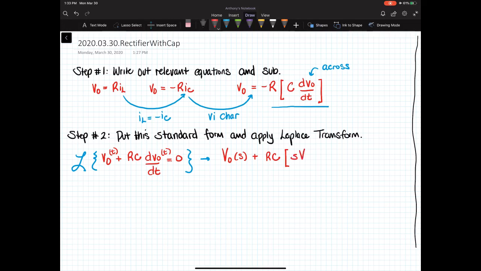That's going to give us S VO of S minus the initial condition of VO. Okay, so I'll just write a quick reminder here that the Laplace transform of the derivative of a function is equal to S times F of S minus the initial condition of that function, whatever f of 0 is.